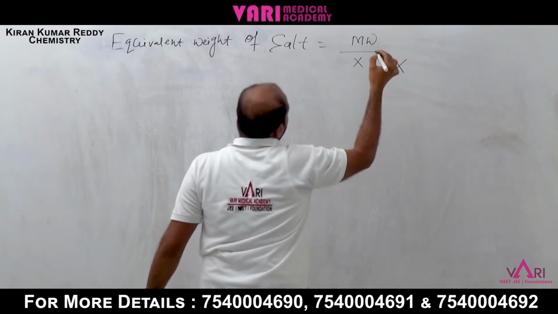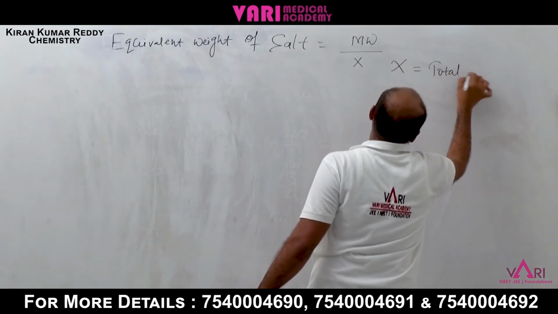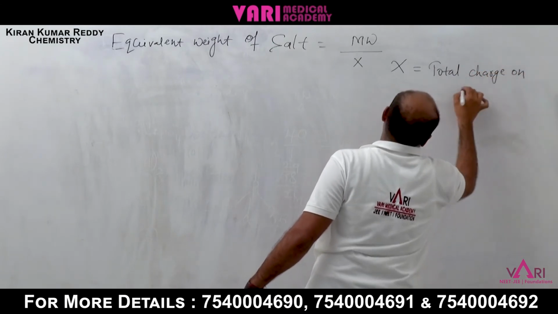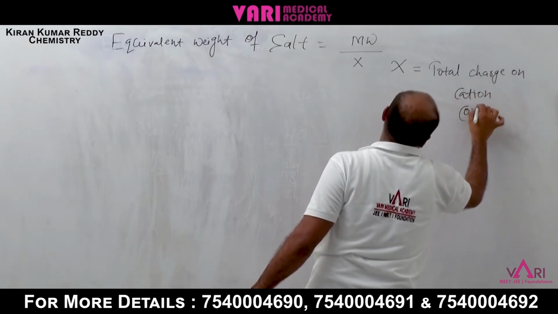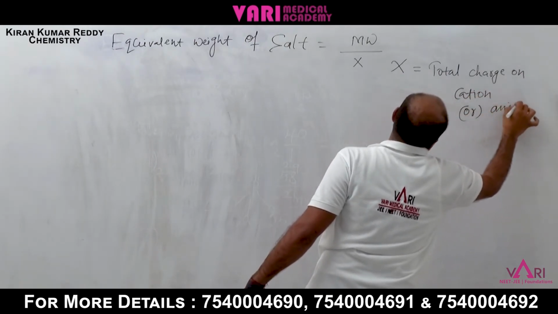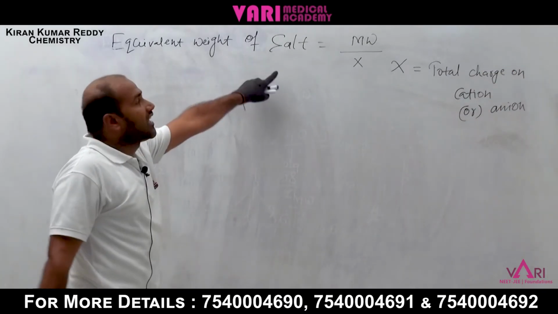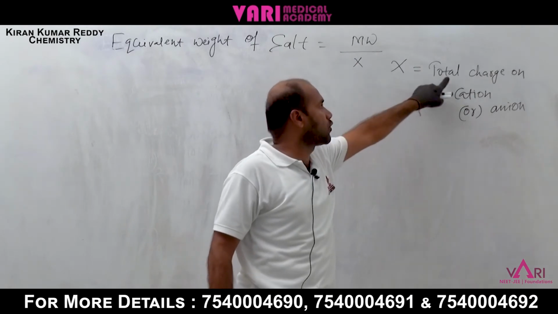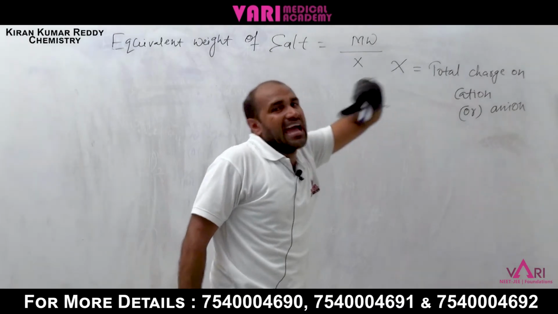X is equal to the total charge on the cation or anion. The equivalent weight of salt is molecular weight by X, where X means the total charge on the cation or the total charge on the anion.